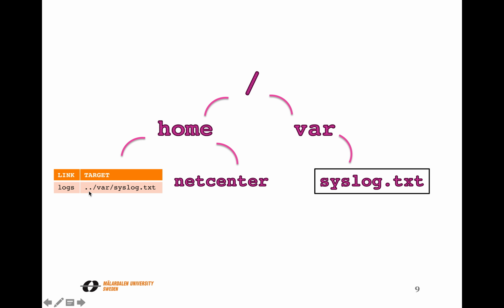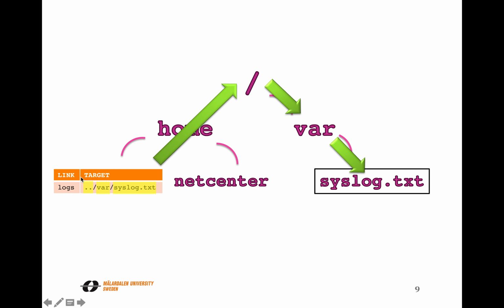So let's see where this link actually points to. Well, firstly, it points to the parent directory of the home directory, so that would be the root. Then it points to the var directory, and then finally it points to the syslog file.